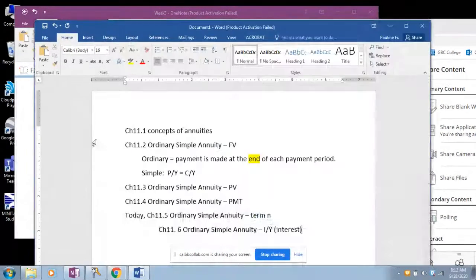All right, so this is the roadmap, where we are, what we are going to do today. Okay. Next week, we are going to do chapter 12, section 2, and chapter 12, section 3.